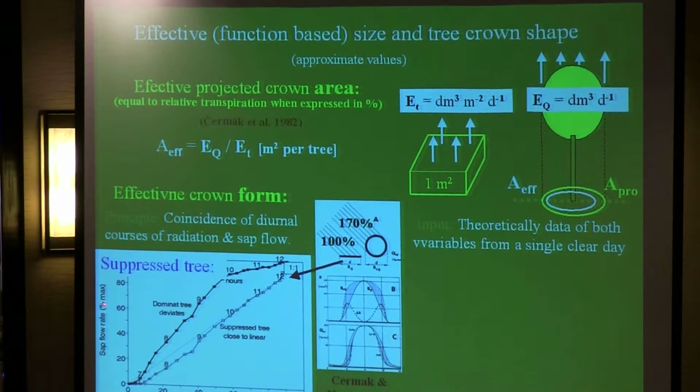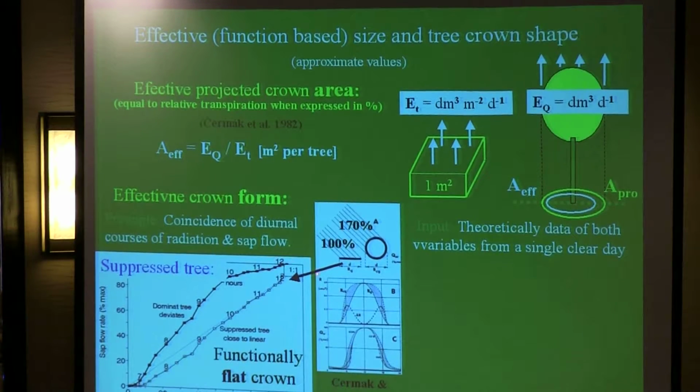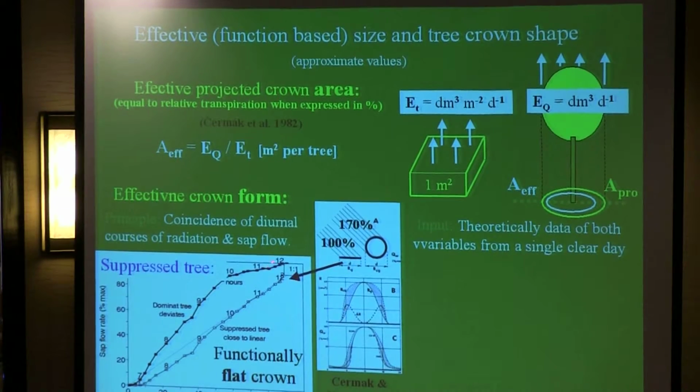You can see that when we consider radiation measured on a flat area, and we relate it to two trees, one dominant and one suppressed, the suppressed tree goes very well with global radiation, that means this flat area. The dominant tree deviates.